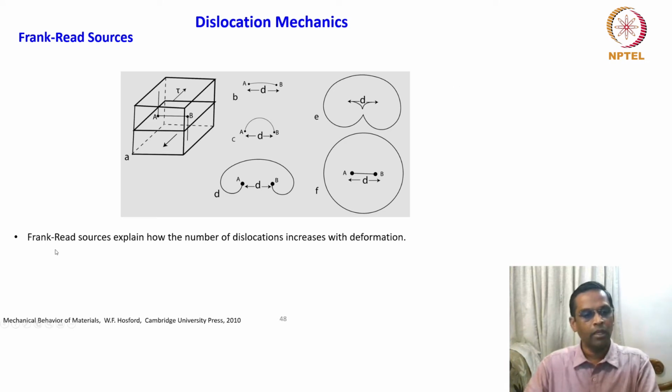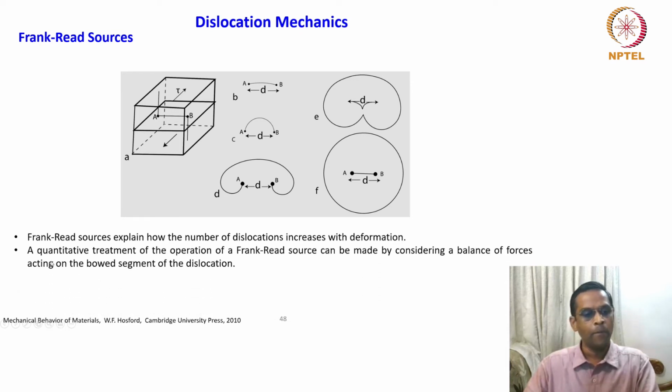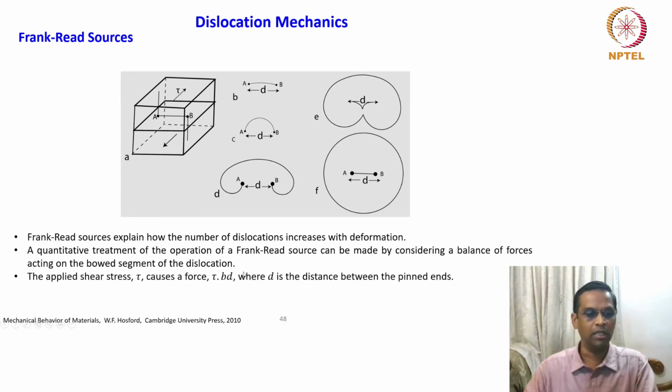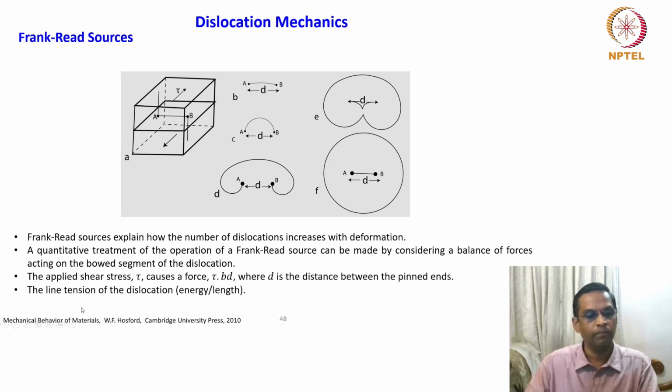So the Frank-Read source explains how the number of dislocations increases with deformation. A quantitative treatment of the operation of the Frank-Read source can be made by considering the balance of forces acting on the bowed segment of the dislocation. The applied shear stress tau causes a force tau b D, where D is the distance between the pins.